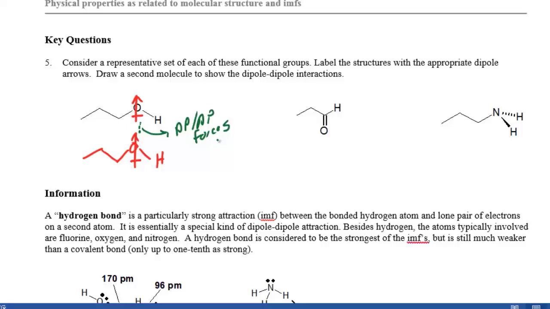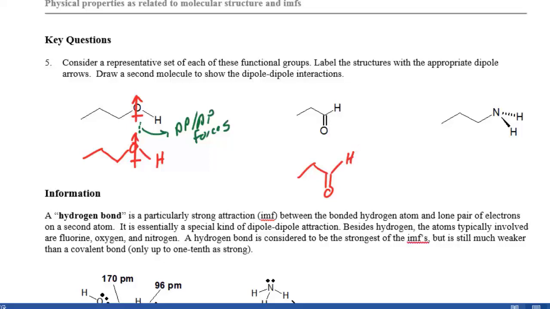Drawing in the molecular dipole is sufficient to represent which side is delta positive and which side is delta negative. If you also want to draw in the partial charges, that's fine. It just clutters the diagram a little bit. If we now consider the aldehyde, and once again, I'm attempting to highlight the dipole-dipole forces of attraction.